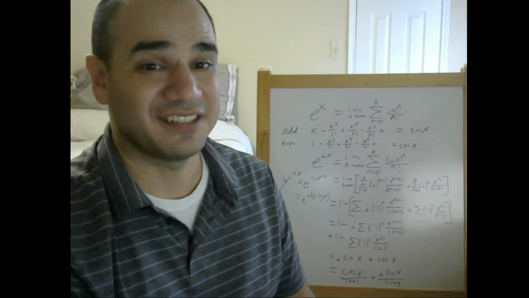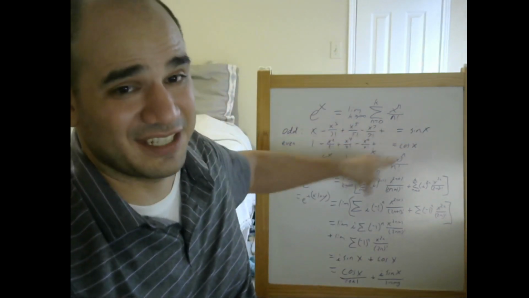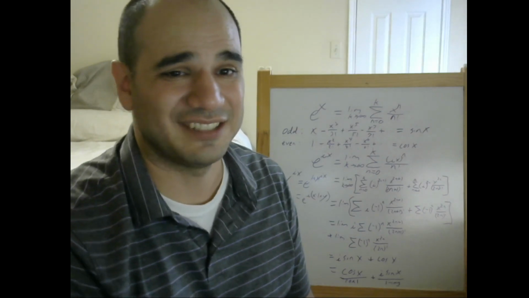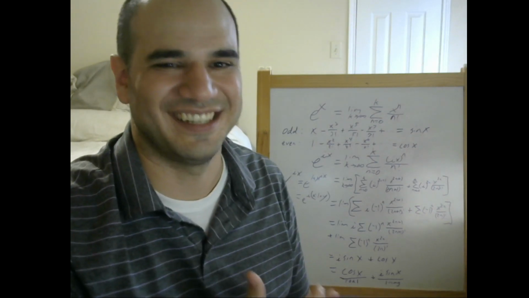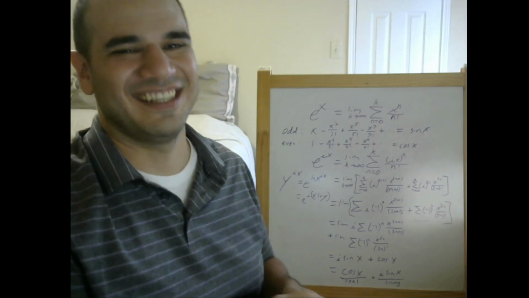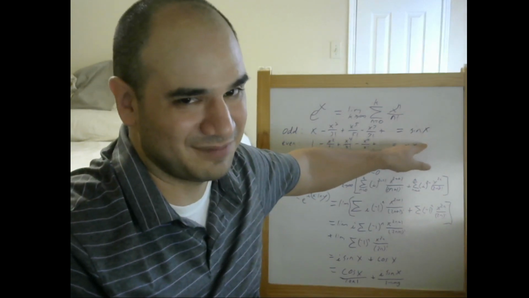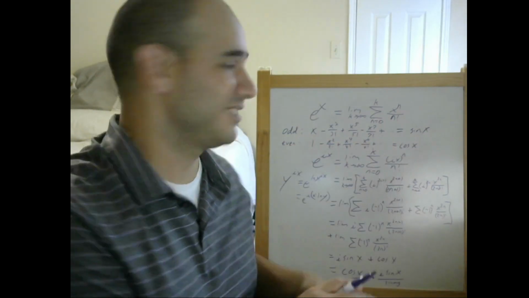Anyway, okay, so those are the series expansions for e to the x, sine of x, and cosine of x. And I'm going to mention it just because I never knew what the hyperbolic functions were. There is a relationship between e to the x and hyperbolic sine of x and hyperbolic cosine of x. So those are noted.